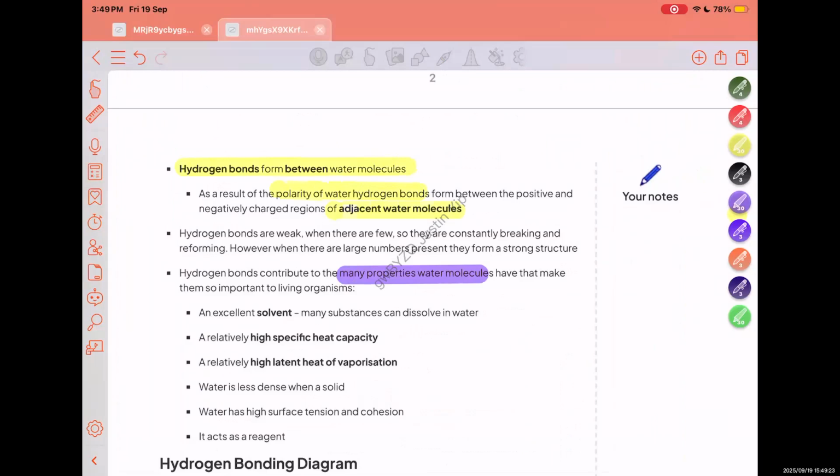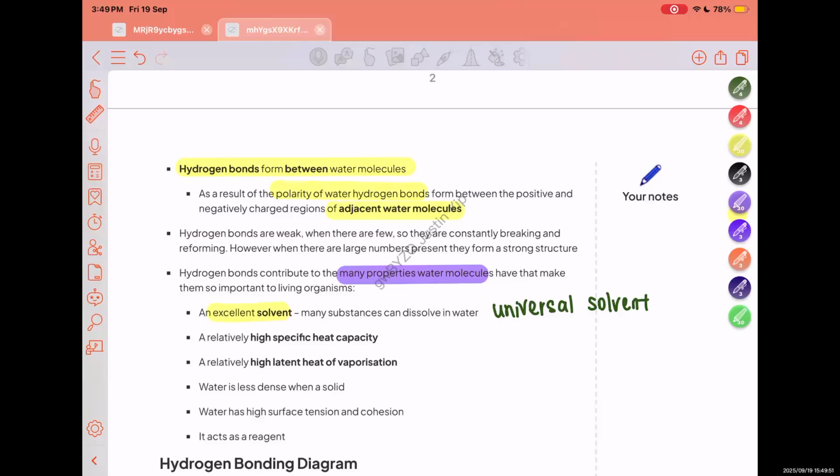First, water is an excellent solvent, or we call it the universal solvent. Universal solvent means that it can dissolve a lot of substances, almost everything, but not all.